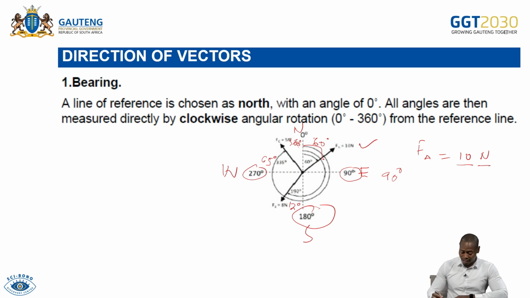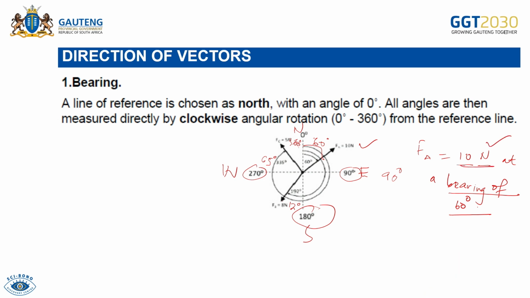So you can say 10 newtons at a bearing of 60 degrees. Already you have given the direction: a bearing of 60 is the direction, and 10 newtons is the magnitude.